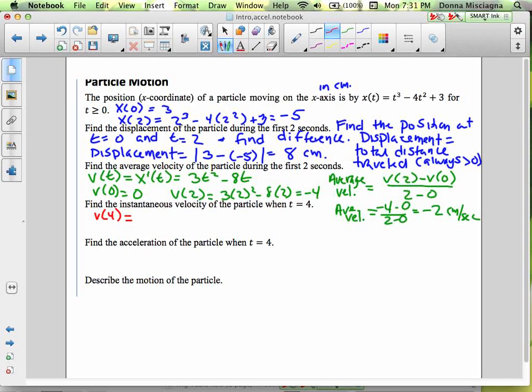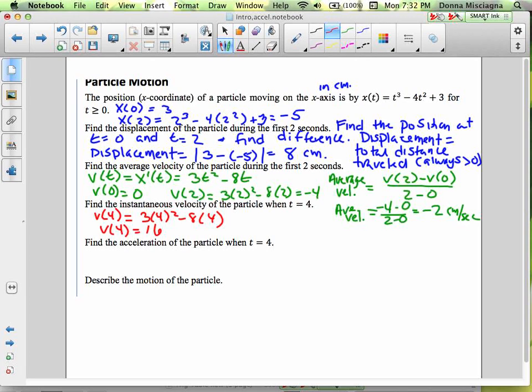For our average, we're finding the slope of a line connecting two points in time. So the moment the time is 4 seconds, the instantaneous velocity is 3 times 4 squared minus 8 times 4. So v of 4 would be 48 minus 32, so that is 16.